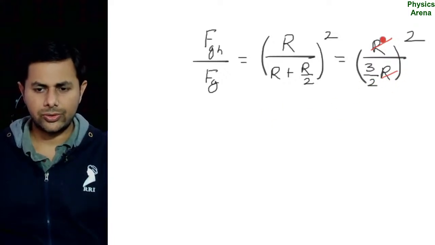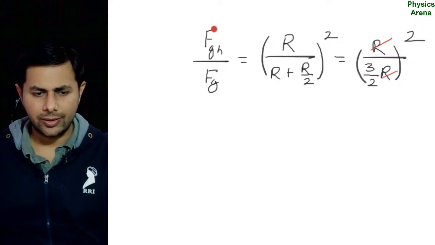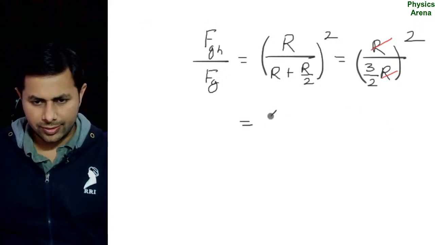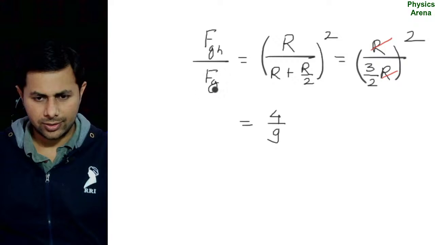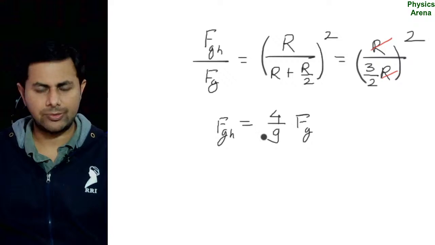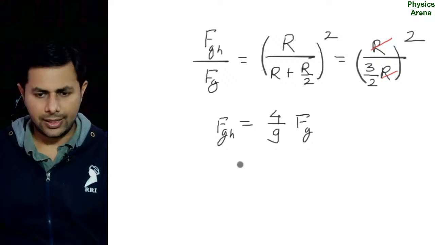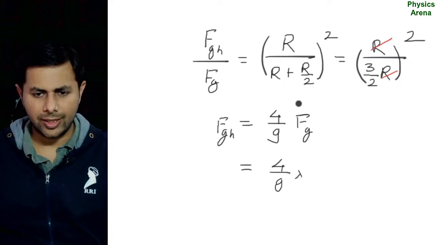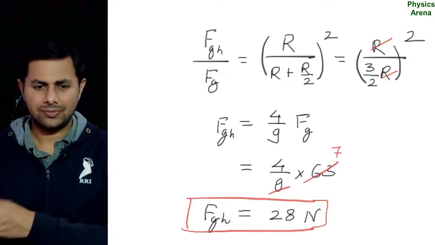So this 2 goes to numerator, so it is 2 by 3 squared, and 2 by 3 squared is 4 by 9. So I will take this Fg on other side. So we have F suffix gh equals to 4 by 9 times F suffix g. And now we can substitute the value. So it is 4 by 9 multiplied by the gravitational force on Earth.